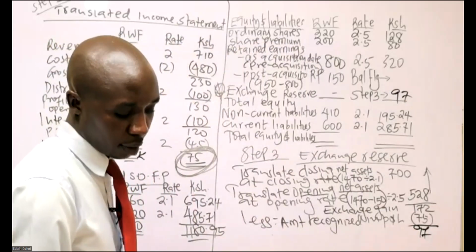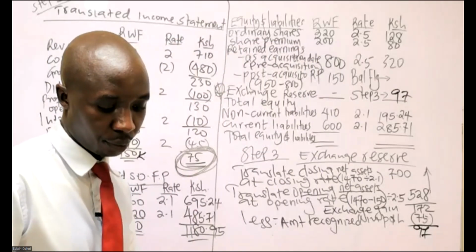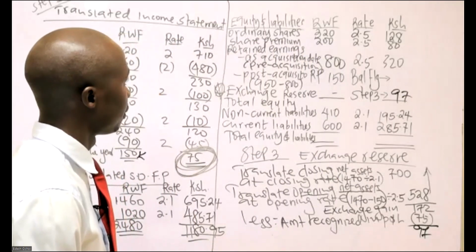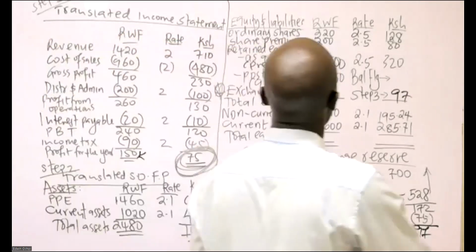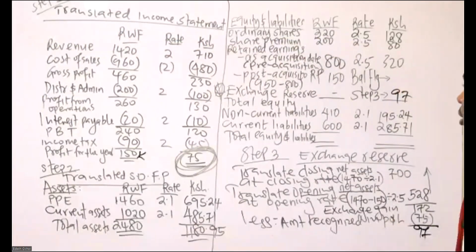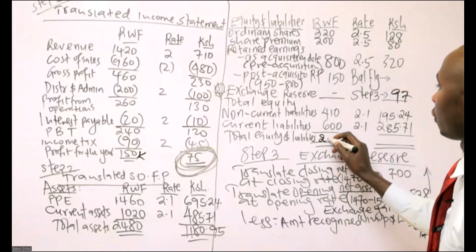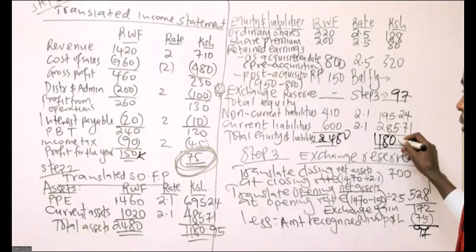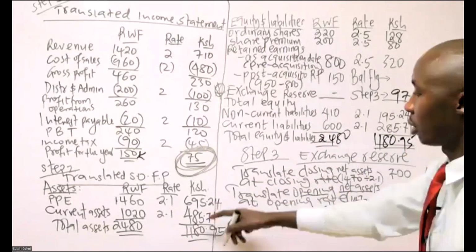So give me the balancing figure. The balancing figure is what will appear under the post-acquisition retained profit, because this one is 2480 and this one is supposed to be 1180.95, the same as assets.